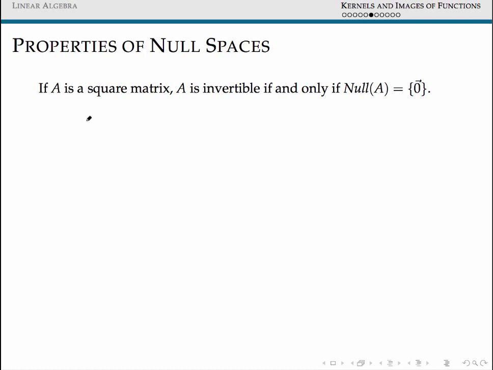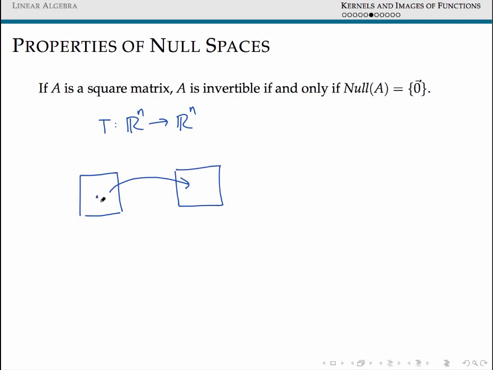Namely, if we have a square matrix, meaning the transformation this corresponds to is a map from a vector space Rn to itself, so an n by n square matrix, and the only thing on this side that maps to 0 is the 0 vector, that's essentially told us a lot about the structure of these maps.